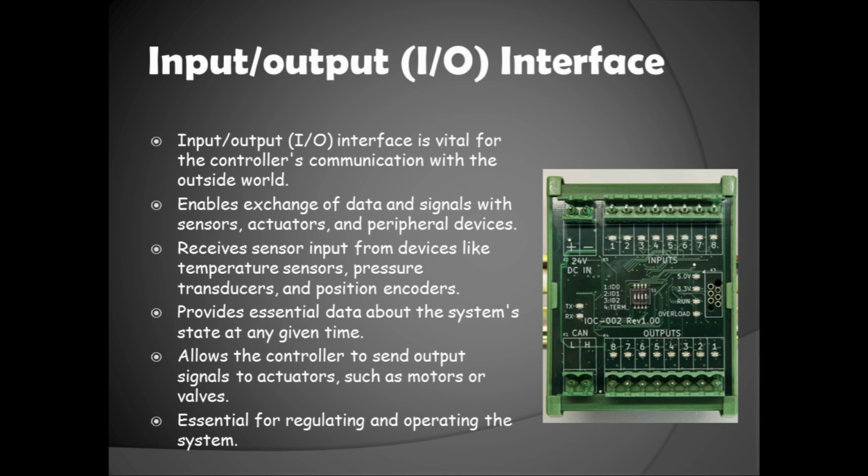The I/O interface allows the controller to receive sensor input from devices such as temperature sensors, pressure transducers, or position encoders, which offer essential data about the state of the system at any given time. In order to regulate and operate the system, it also enables the controller to send output signals to actuators such as motors or valves.